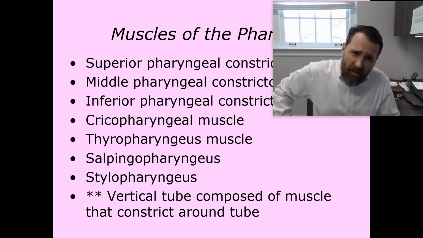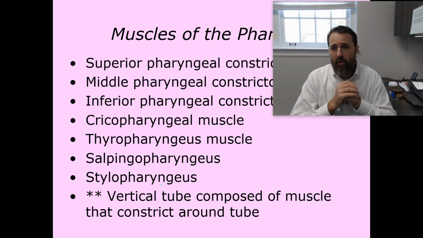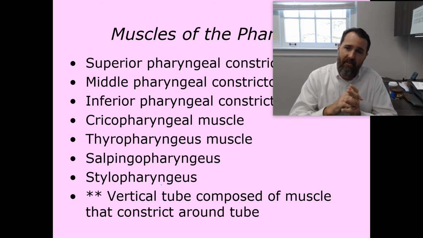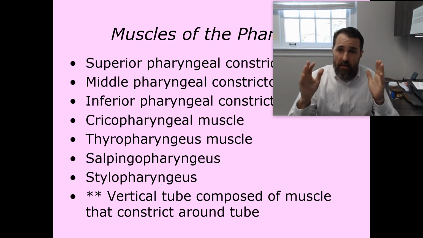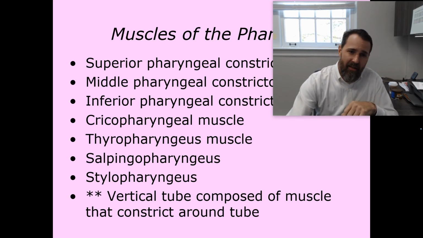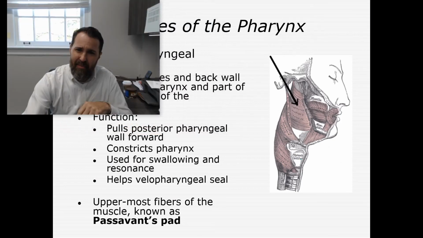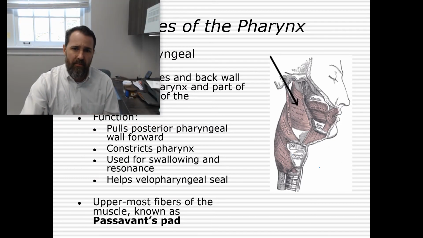All right, now there are a lot of muscles of the pharynx, but we're only going to worry about three, and those are the pharyngeal constrictors: superior, middle, and inferior. And these are the muscles that make up the walls of the pharynx.